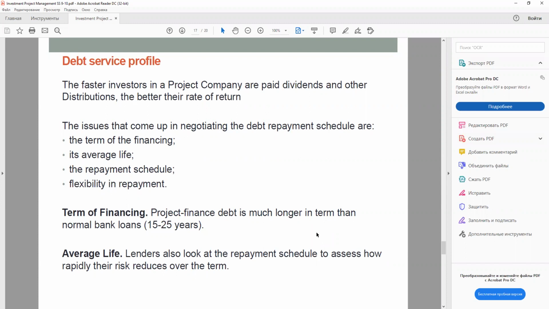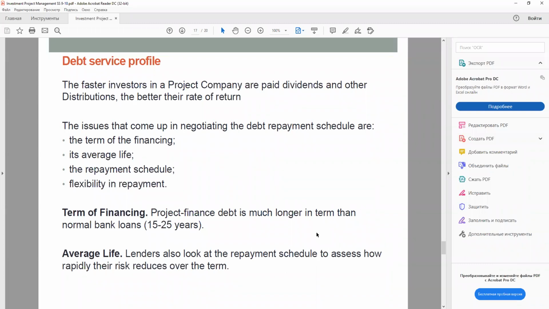And we have an average life. Apart from the overall term of the loan, lenders also look at the repayment schedule to assess how rapidly their risk reduces over time. There is obviously a considerable difference in risk between a loan of 1,000 repaid in 100 installments over 10 years and a loan of 1,000 repaid in one bullet installment at the end of 10 years.